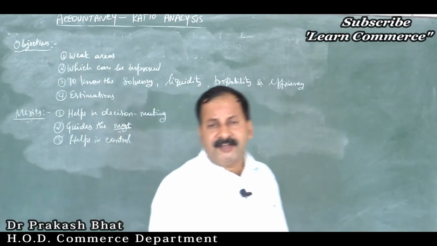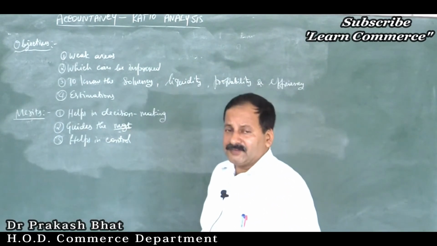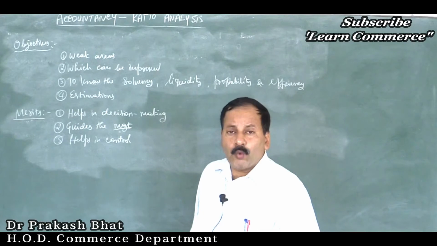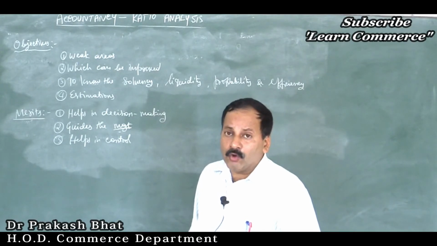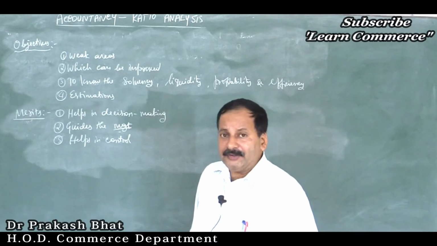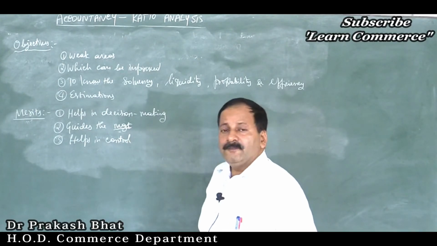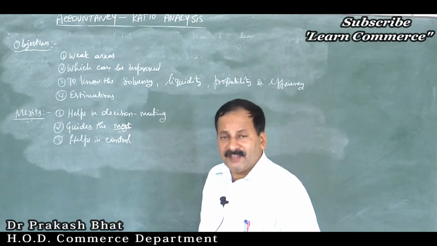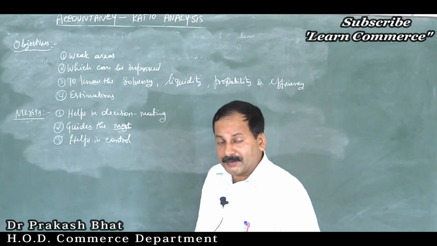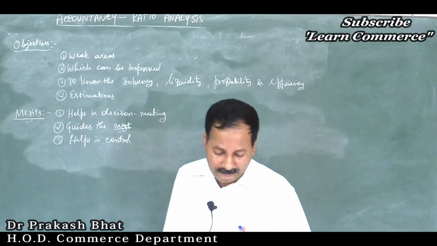Suppose waste is generated more in the production department. We have to check the reason why the waste is generated more, and take steps to reduce it. That can be done only when we get proper information regarding the percentage of waste generated in the manufacturing field.